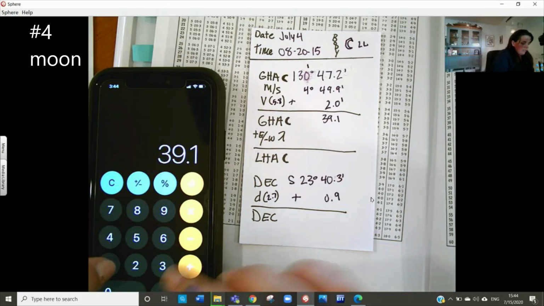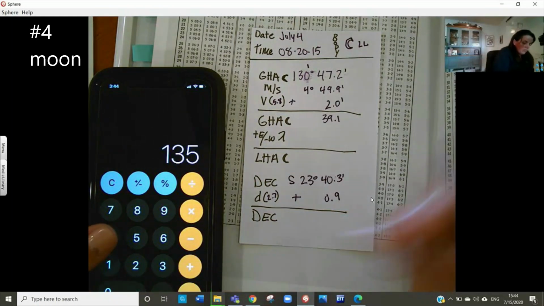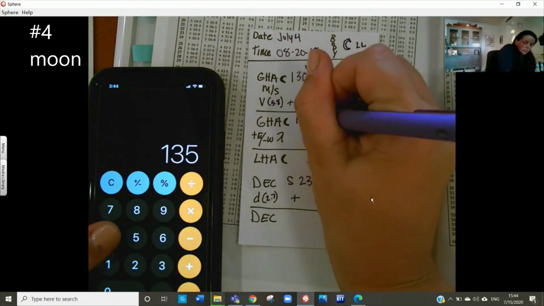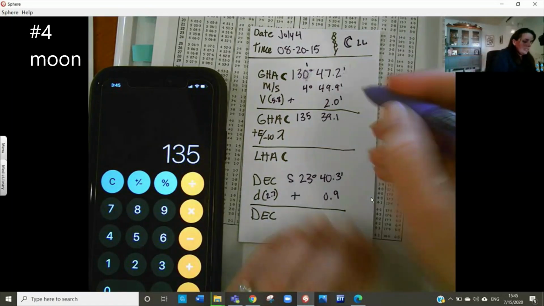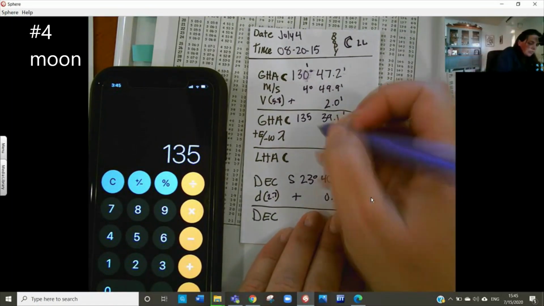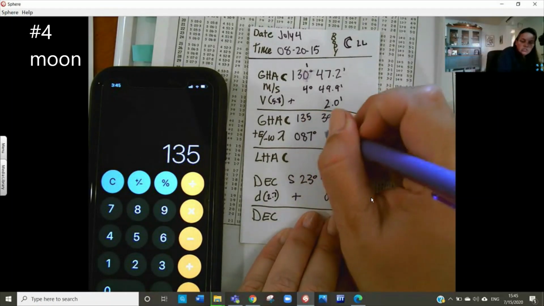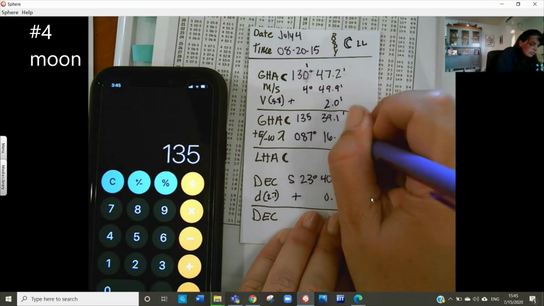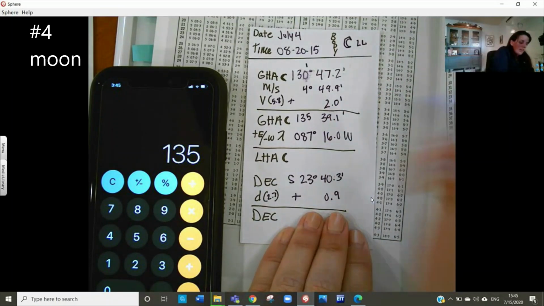So now we have 135 at 39 minutes north, and our DR longitude is west, so we're going to be subtracting.